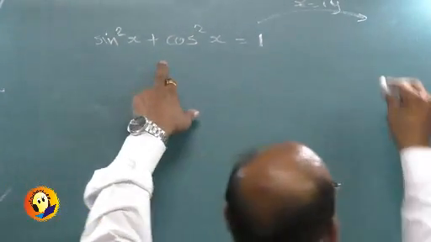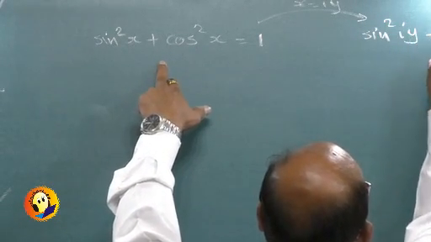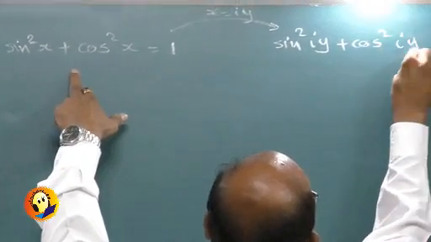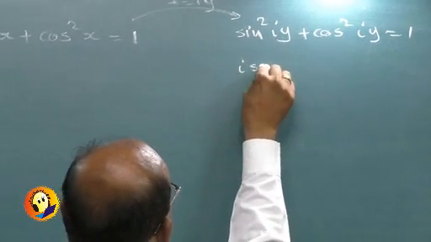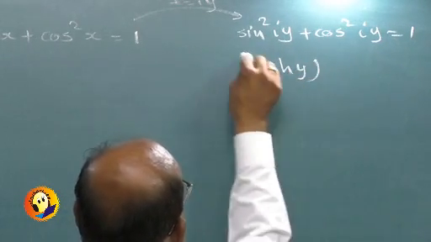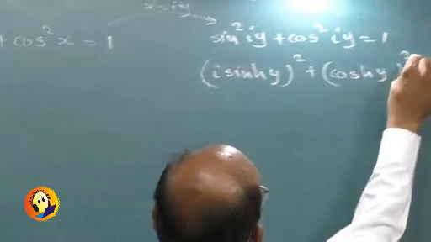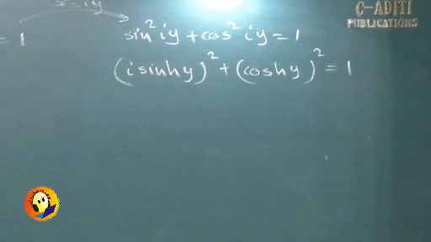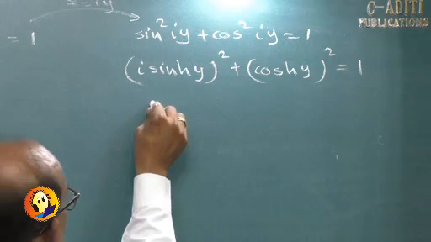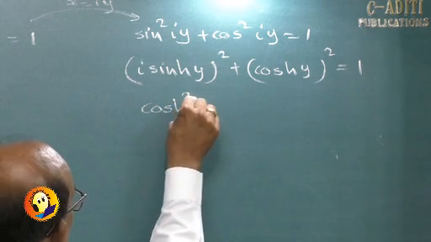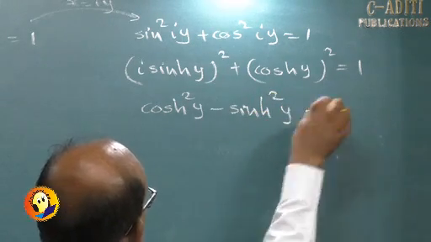So I remember the basic and write it as it is: sin square iy plus cos square iy equal to 1. But sin iy is i sinh y. So it is (i sinh y) square plus (cosh y) square equal to 1. And then i square becomes minus 1. So the identity in hyperbolic is cosh square y minus sinh square y is 1.